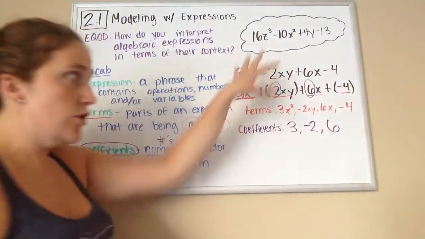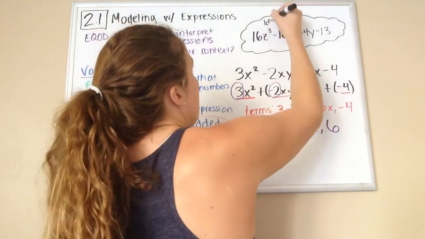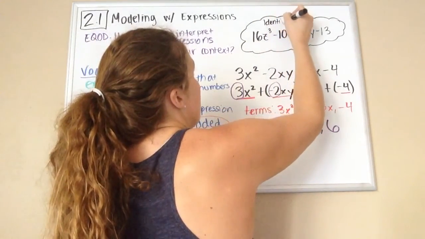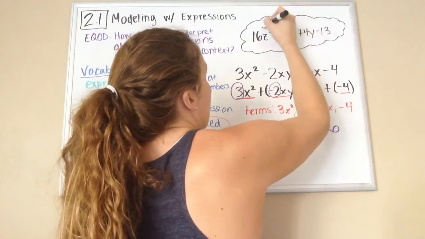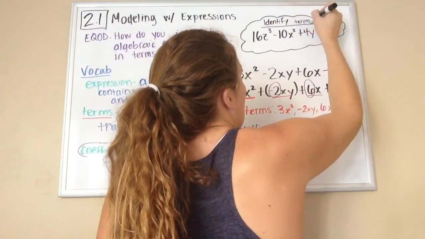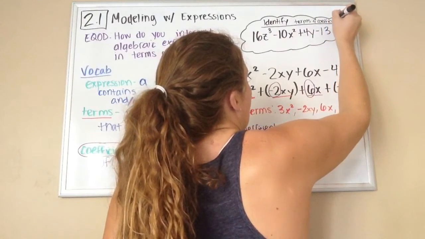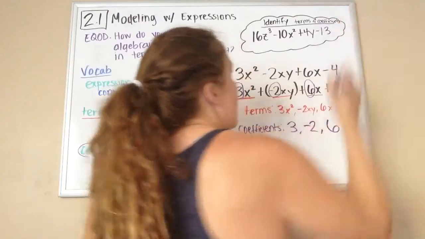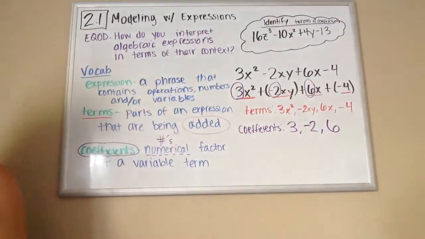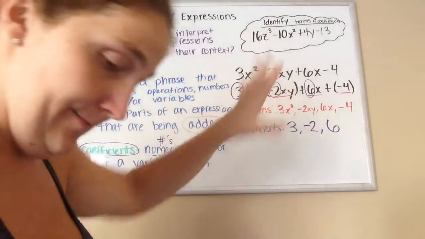I'm going to ask you to do the exact same thing we did here. You are identifying the terms and the coefficients. When you complete this, you want to pause the video and complete this on the left-hand side of your notebook.